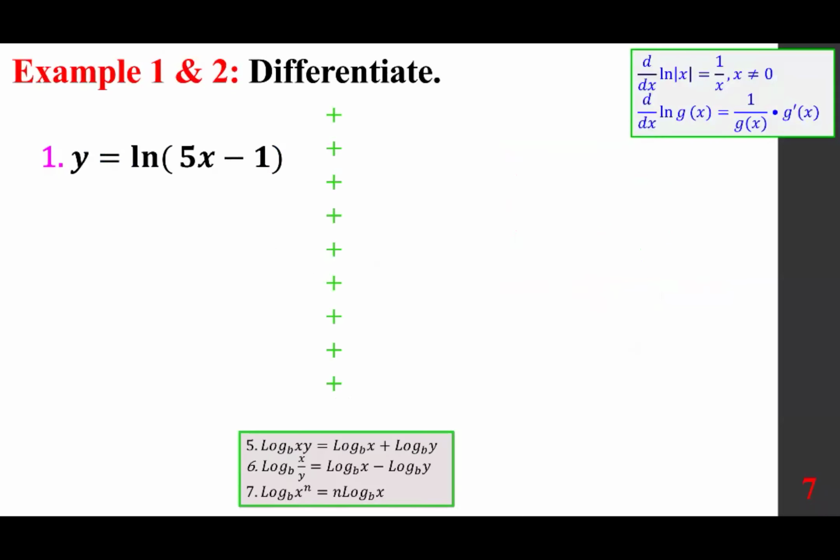We are going to differentiate y equals ln of 5x minus 1. So simply flip it over. That's all.